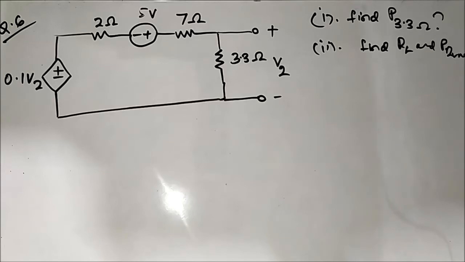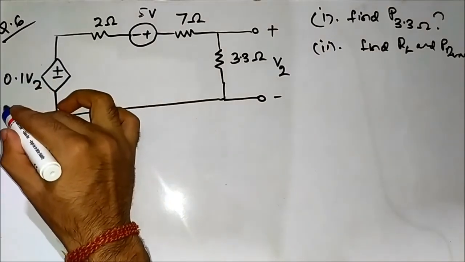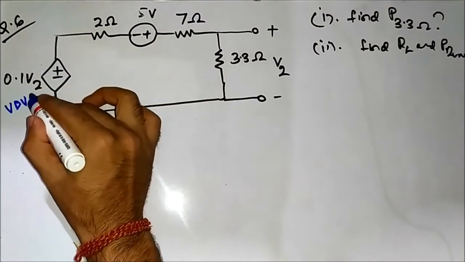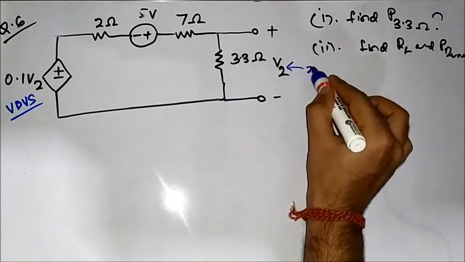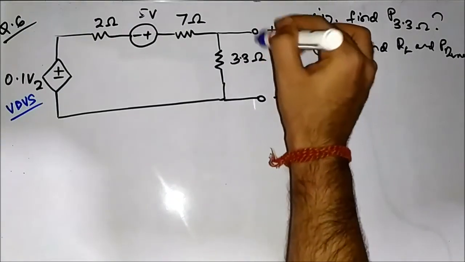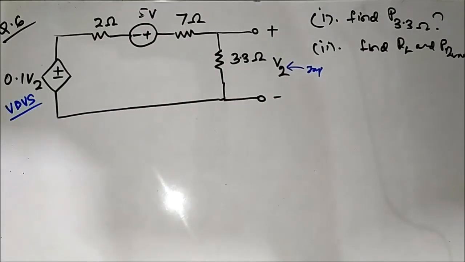So this is the sixth question related to maximum power transfer involving dependent sources. This is the circuit diagram, and here we have this dependent source, which is a voltage dependent voltage source, and this is the important parameter here, the voltage across these two terminals, the output terminals you can say.